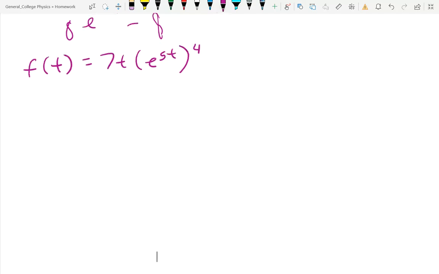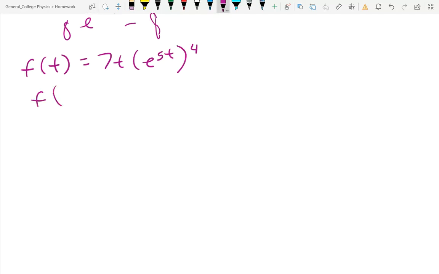And so right away we can simplify this to say e to the 20t. Let's get that out of the way. And so now we integrate.